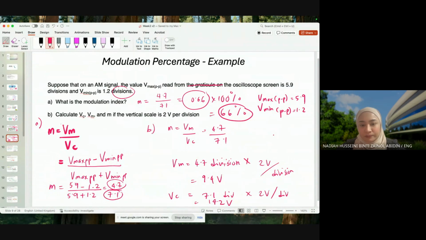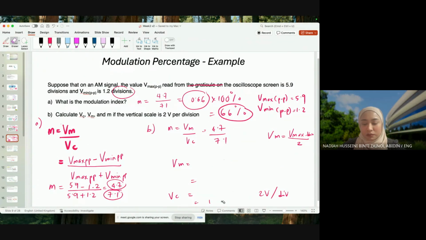So this is VM and VC. VM is Vmax minus Vmin divided by 2. Let's not skip steps. So you get 4.7 divided by 2 times 2, so it's 4.7 volts. Let me rewrite this so that everyone does not get confused. The equations: Vm is Vmax minus Vmin divided by 2.